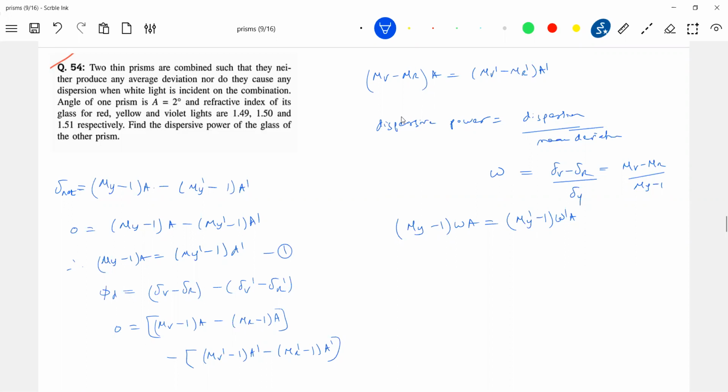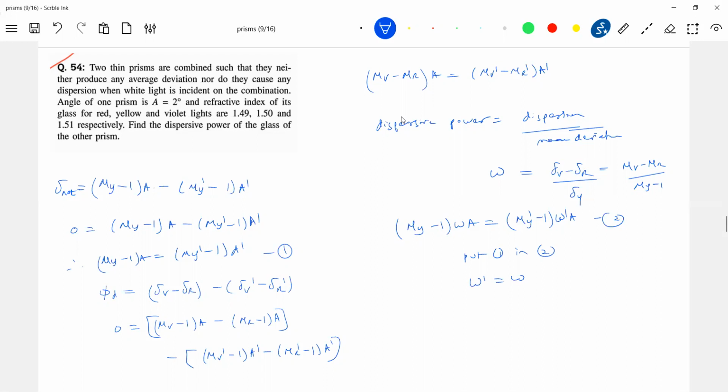And net dispersion is 0, no? Look at this one, equation 1. Using equation 1 in equation 2, what will we come to know? Omega dash equal to omega. Am I right?